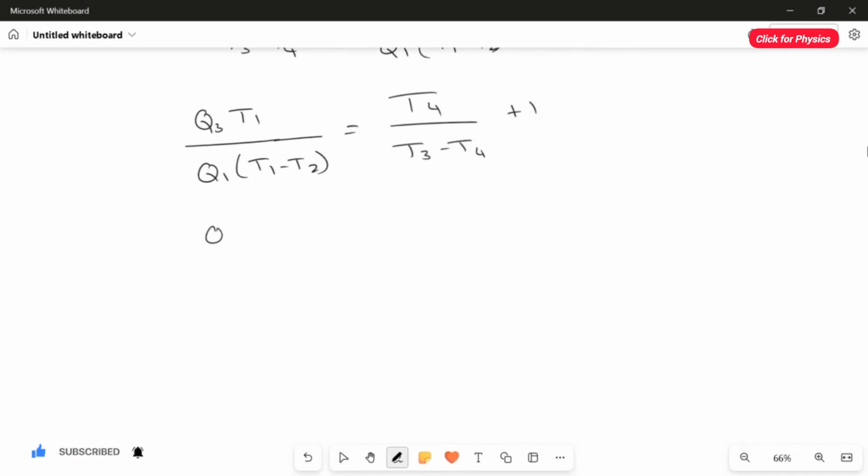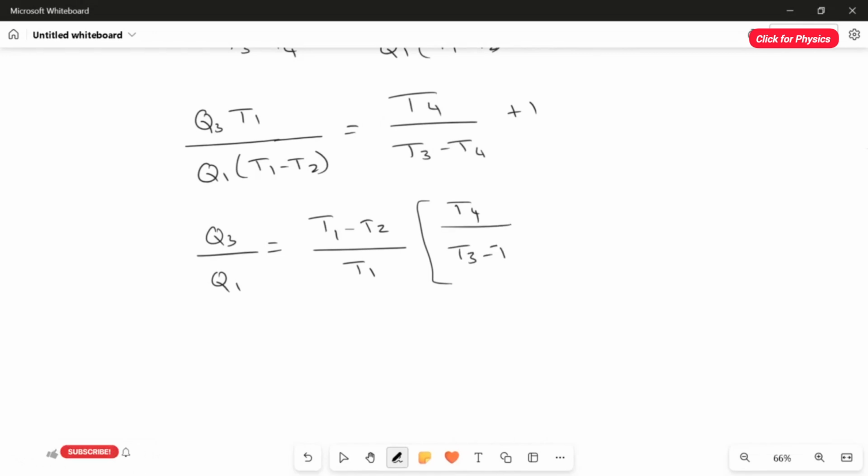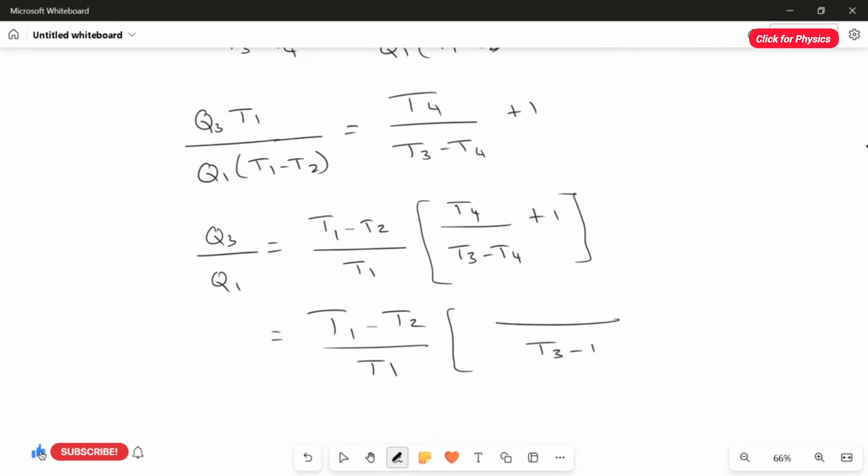So what we will get: Q3 over Q1, which is equal to, this will go to the top, so T1 minus T2 over T1, inside the bracket, T4 over T3 minus T4 plus 1, because this term is common for both. That's the reason I mentioned the bracket here. So on the right hand side I'm going to write T1 minus T2 over T1. Let's take the LCM here as T3 minus T4.